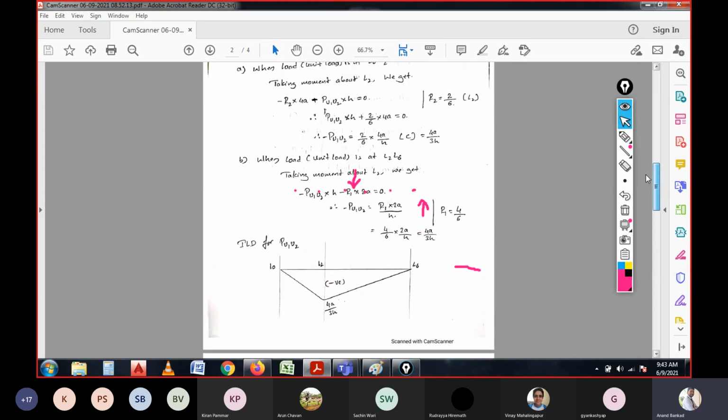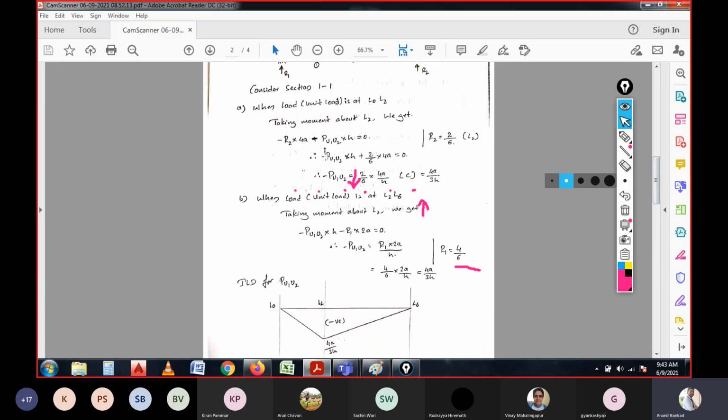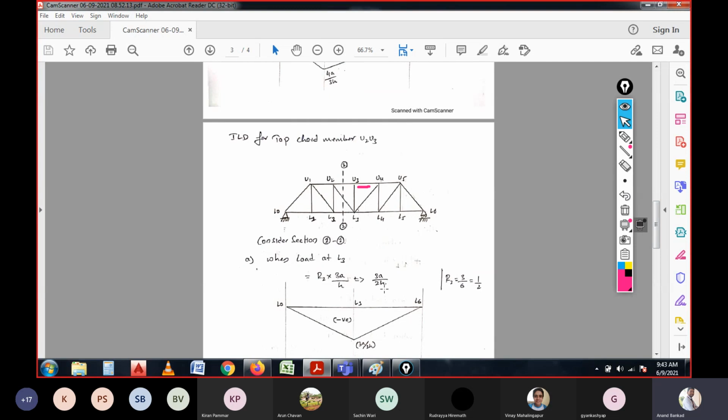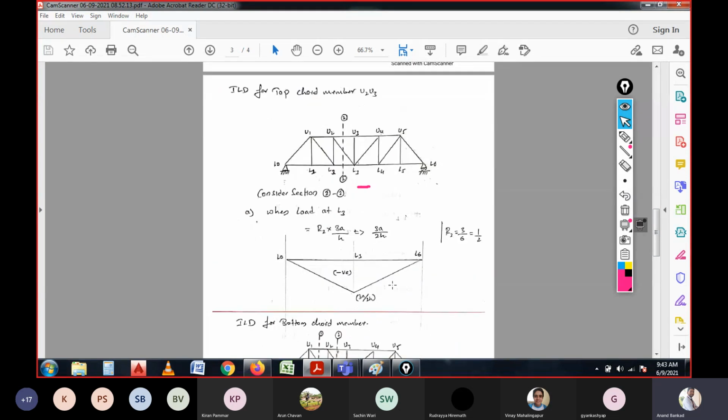So in this part, instead of 2 by 6 we are just substituting 1 by 2, then that will be the equation 3a by 2h.